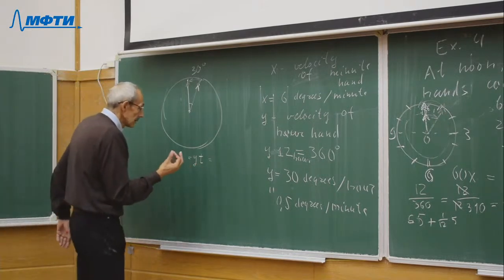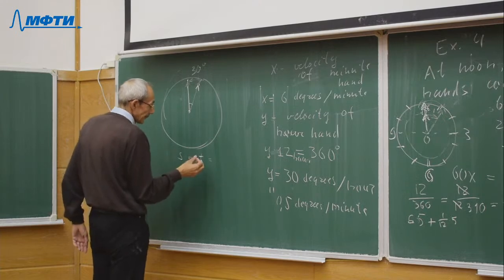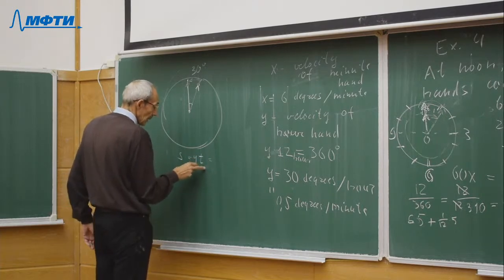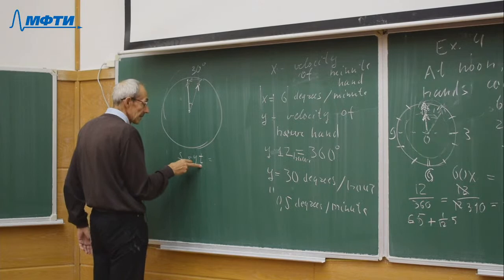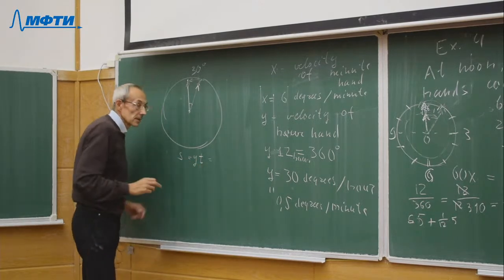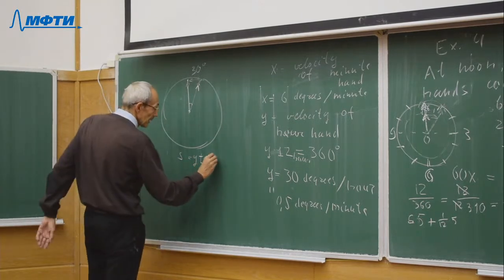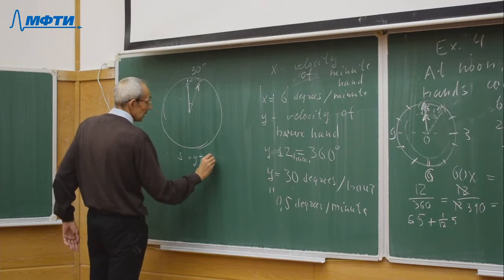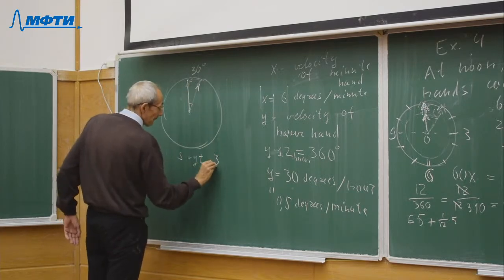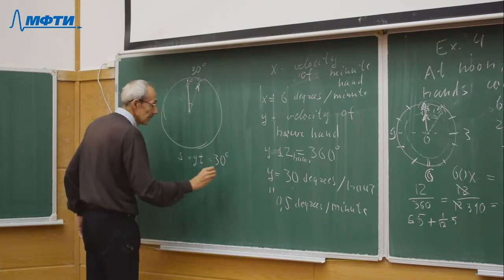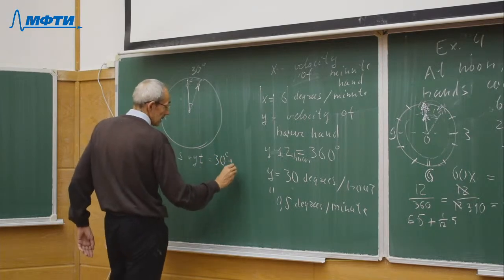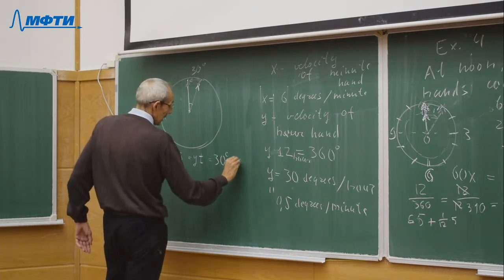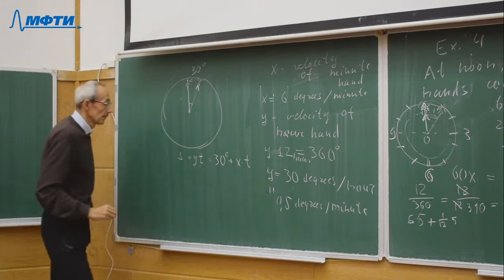But the minute hand for the same time must move the way equal to 30 degrees plus x multiplied by t.